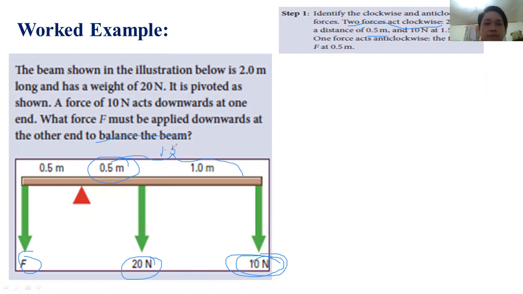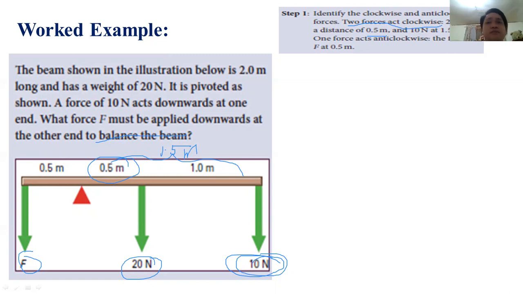Again, we have the 20 newton at a distance of 0.5 meter and the 10 newton at 1.5 meters.